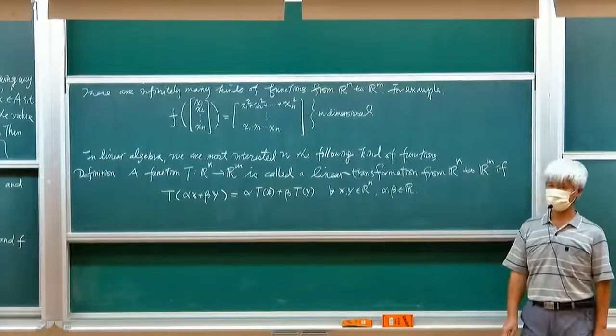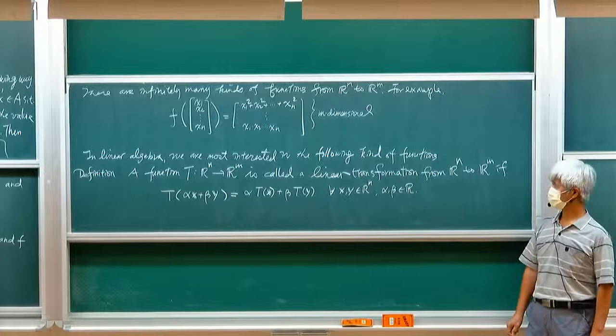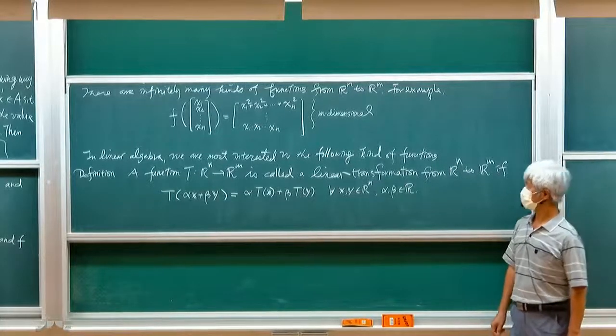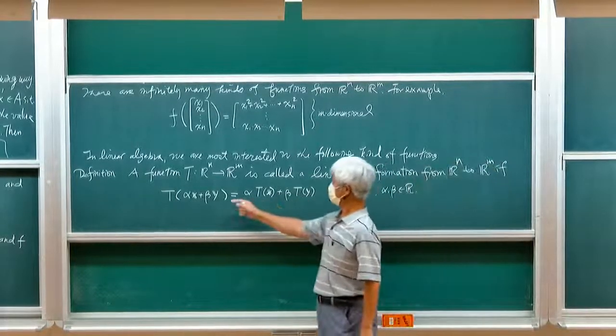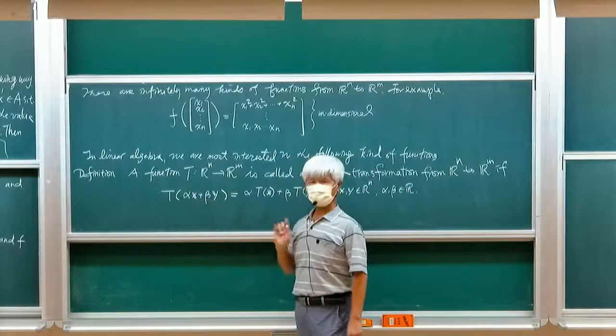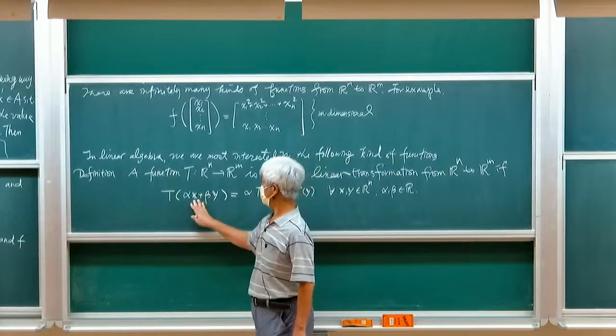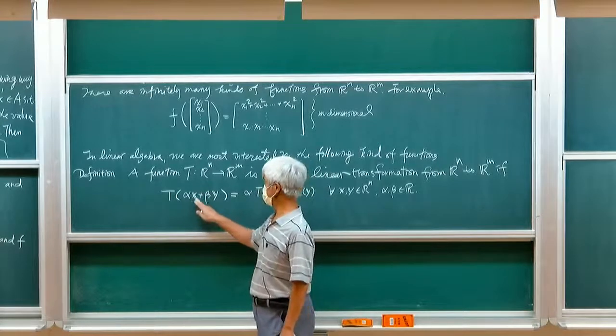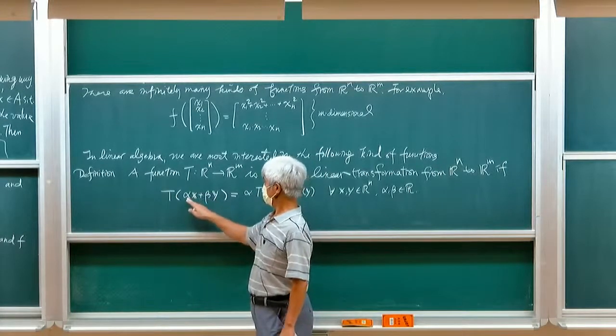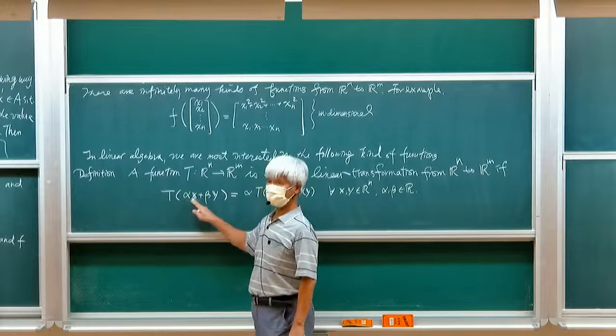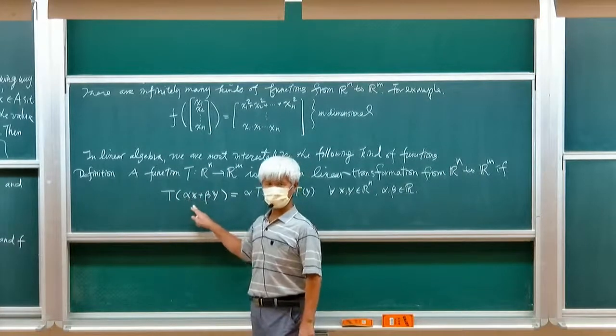Okay. So they preserve the form of linear combination. In here, we have a linear combination of x and y with coefficients alpha and beta, respectively.